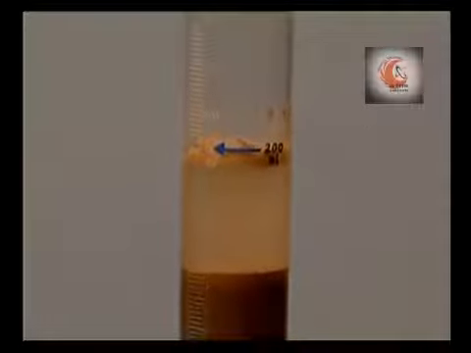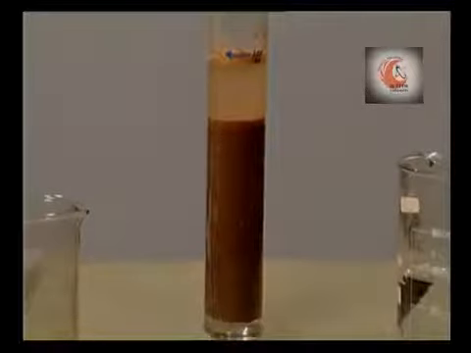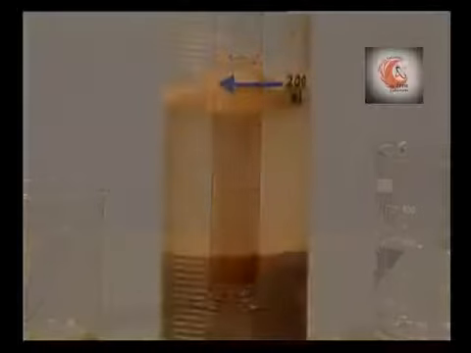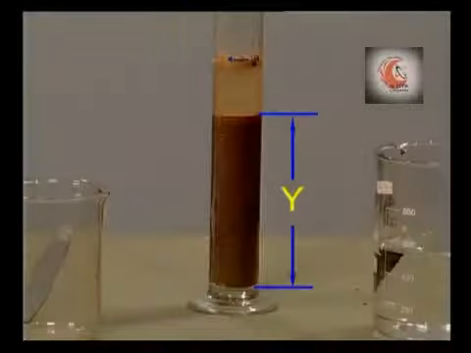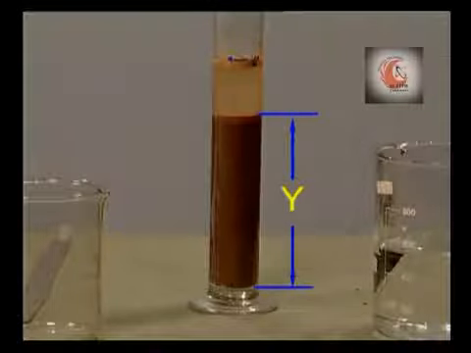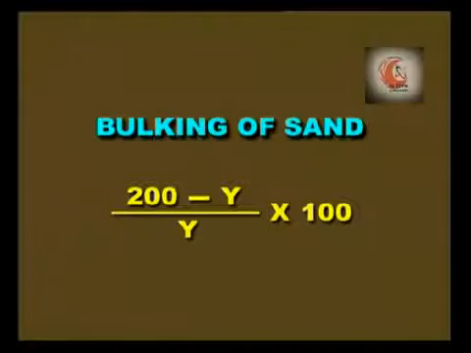You will notice that the sand surface is now below its original level. Let this level be Y. Bulking of sand shall then be calculated by using the formula 200 minus Y divided by Y multiplied by 100.